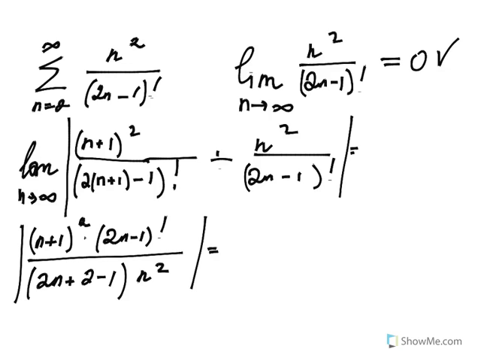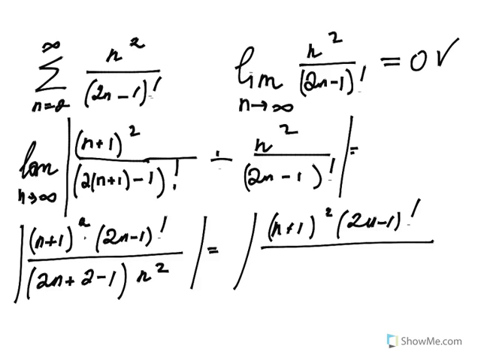And then we get, let's see, n plus 1 squared times 2n minus 1 factorial. On the bottom we get 2n plus 1 and n squared. I just noticed I forgot to include the factorial symbol here.